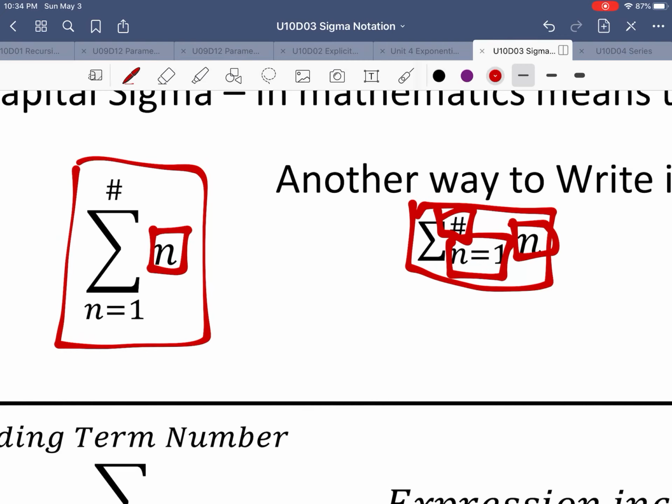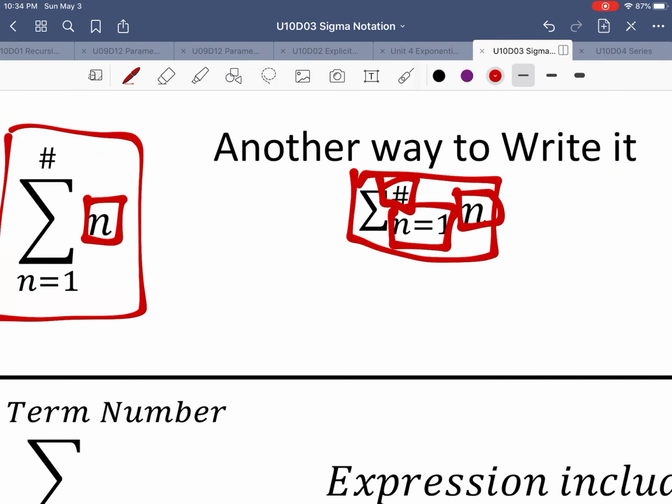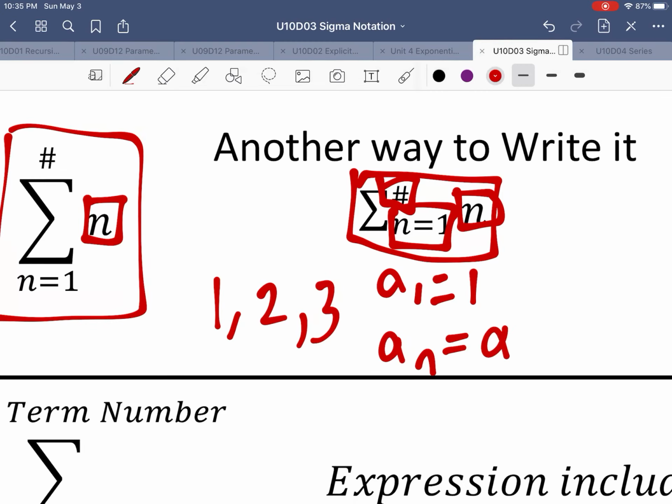Now, the formula is technically an explicit formula, so it wouldn't be a recursive formula. So like if I had the sequence 1, 2, 3, this is the recursive formula. A1 equals 1, and the rule would be an equals an minus 1 plus 1.